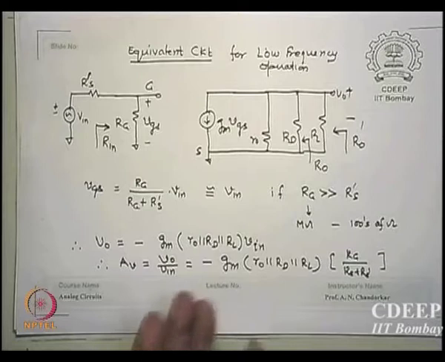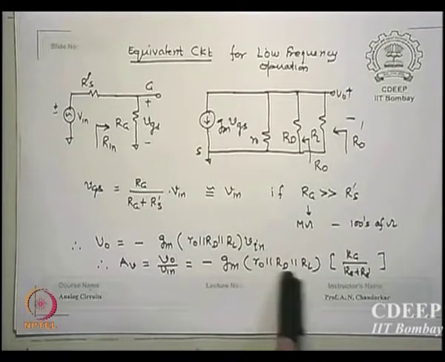Okay, so normally what will happen? RD and RL will be much smaller compared to R0. How much will R0 typically be? Mega ohms. How much will RD, RL be? Few hundred ohms to tens of kilo ohms. In the normal case, RD parallel RL will be smaller than R0, so you can even neglect R0. Is that correct?